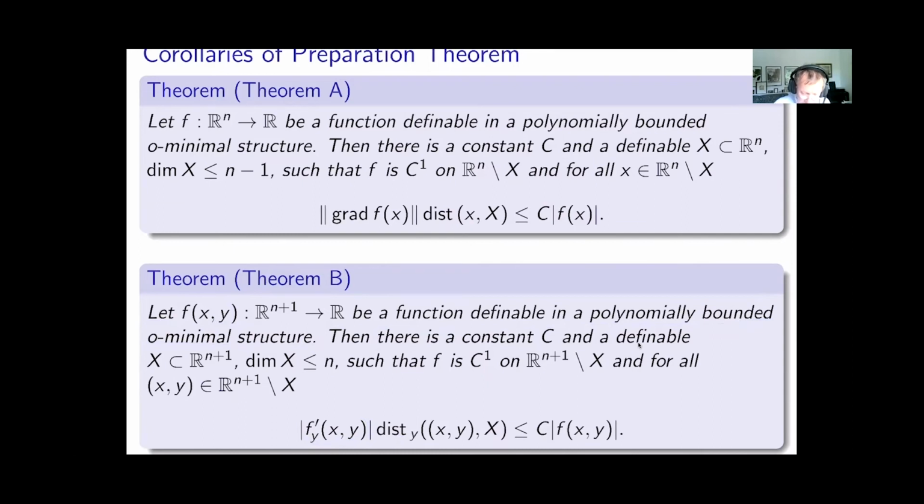What I mean by this is the following: you have x, which would now be a single variable, and you have this set X, which can be complicated, even singular.